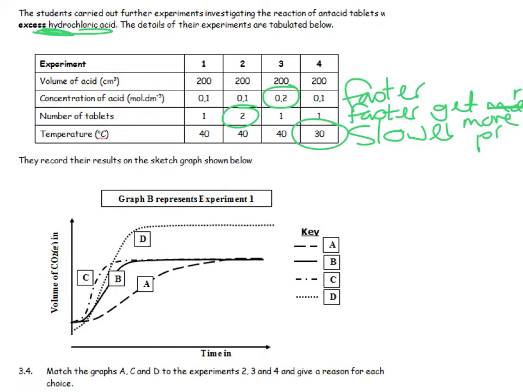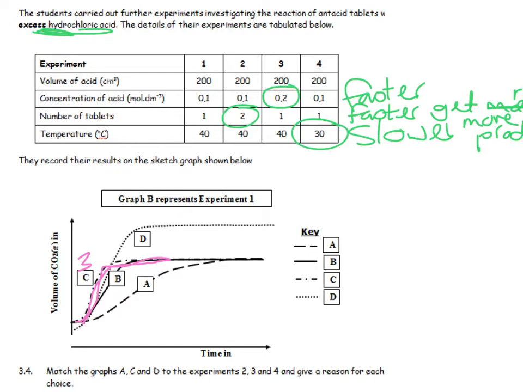from the 2 tablets. So let's think about that. Which one lands up going faster? C lands up going faster, but you don't land up with any more product at the end of the day. So C must be, if I'm going faster, it must be number 3.